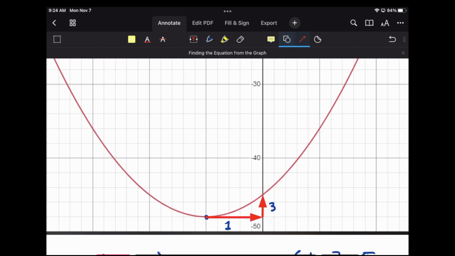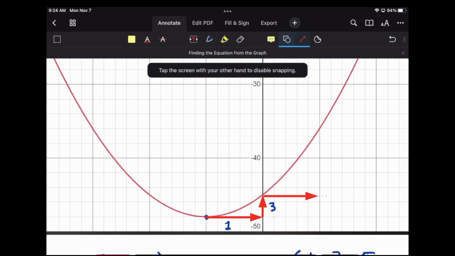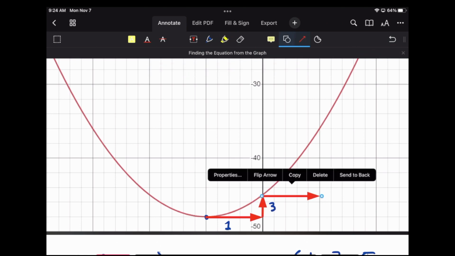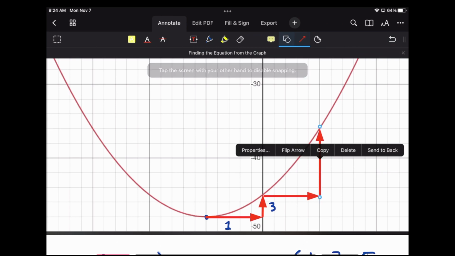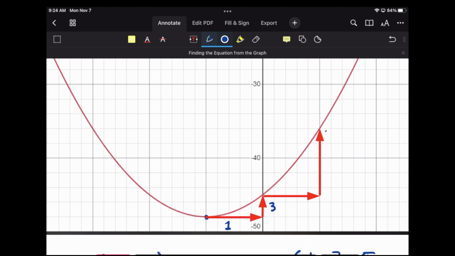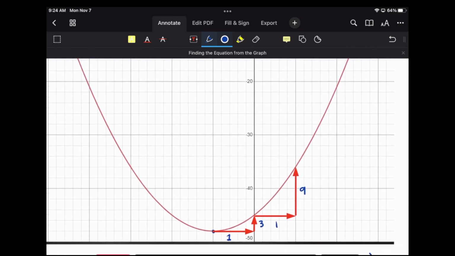Let's try that again. Next step, we're going to go over 1. We're going to go up by, we're going to have to count here. Each square is 2. 2, 4, 6, 8, 5 is 9. So over 1 again, up 9. Let's do the next step.